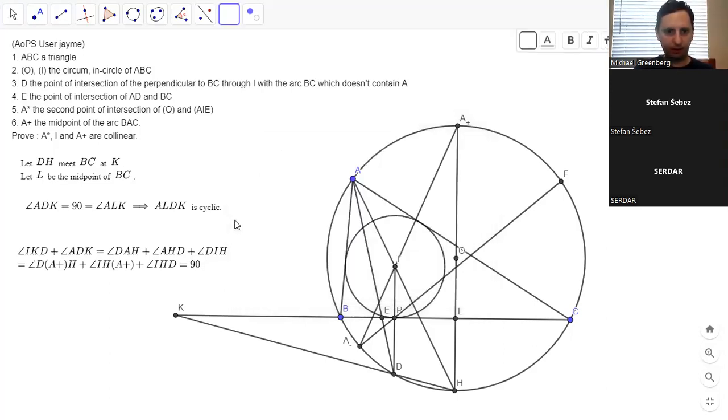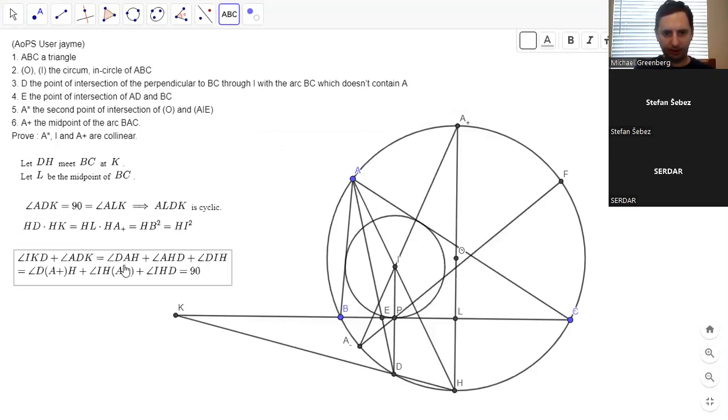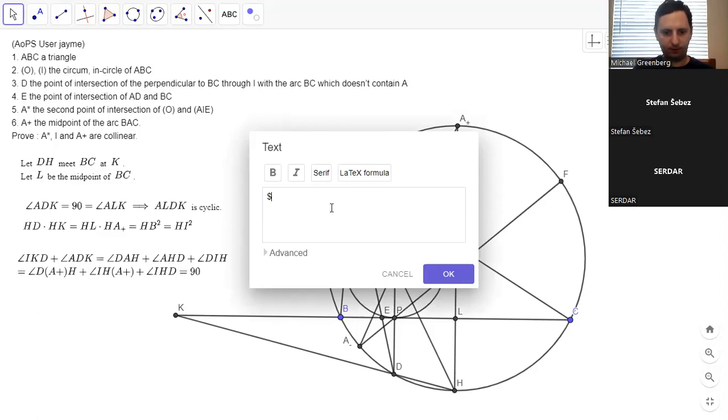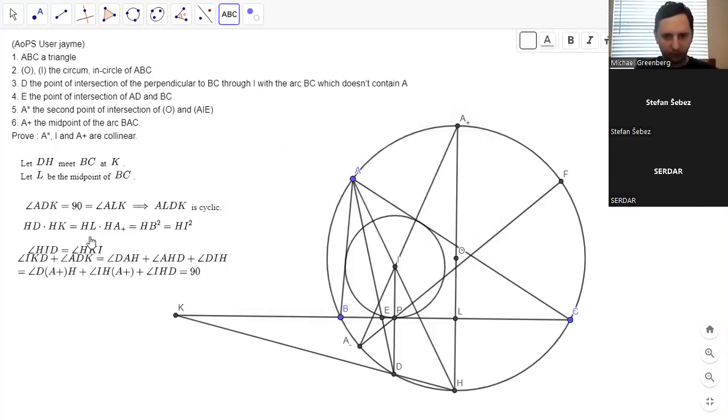All right. There we go. So that means that angle HIB equals angle HKI. Then we have that angle chase.